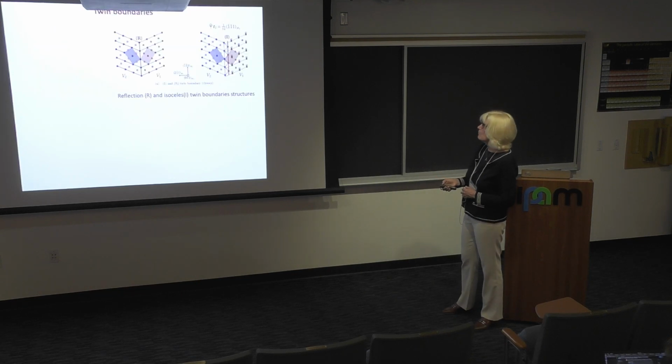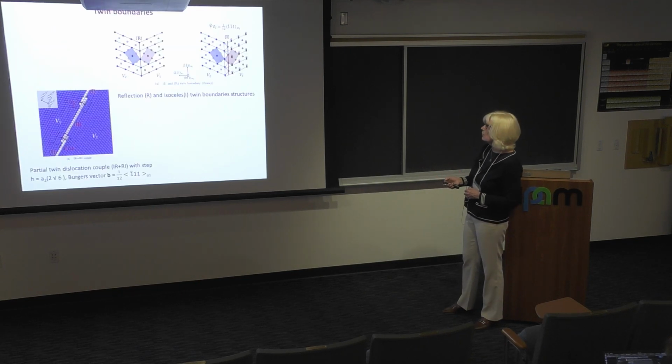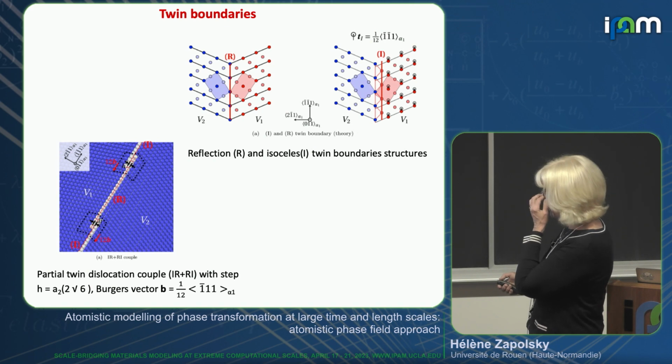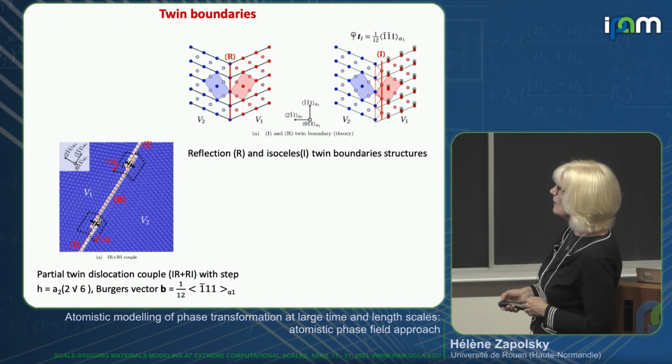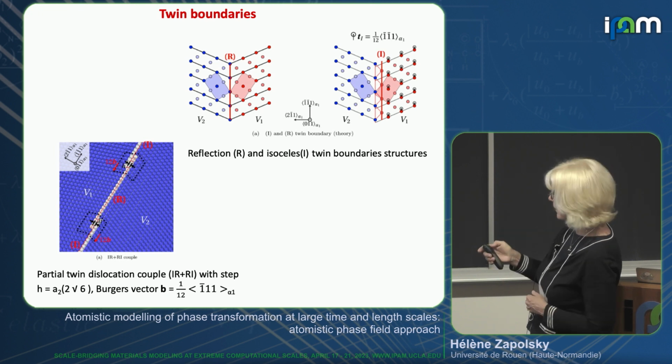So to understand better what happens, we look more precisely at the interface between the two variants. As you can see here, we obtain some kink structure, and that kink structure can be related with two kinds of twin boundary. It can be a reflection, as you can see here, with the cell shifting a little bit.